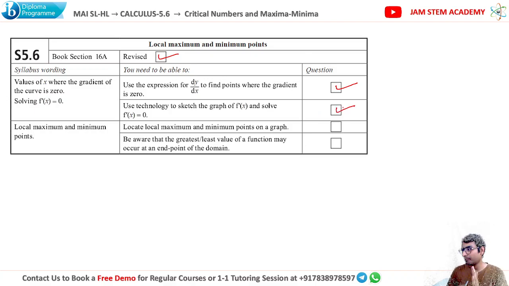Find the f prime, plot the graph of f prime on the GDC, find those points where it cuts the x-axis. That's your answer. Locating the local maxima and local minima on the graph using the first derivative test and also finding the greatest or least value, not the local value, absolute maxima or absolute minima at the endpoints of the domain as well. Okay, so that's it for today and I hope you got all these things.